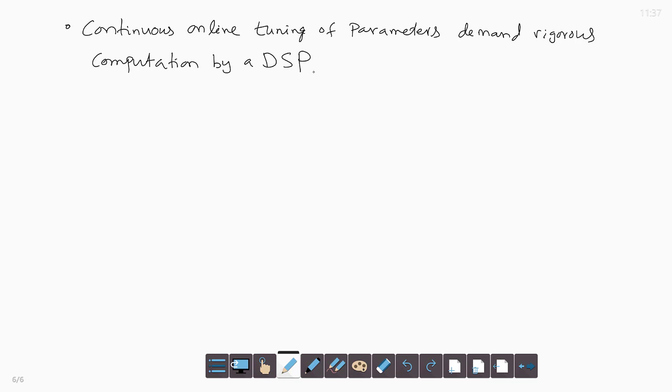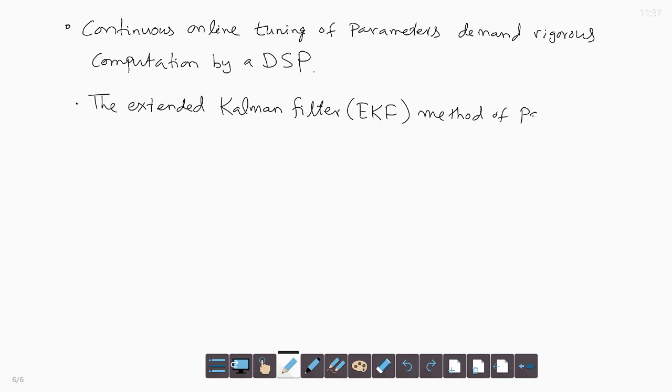So, a DSP can be used for online parameter tuning, and there are some other alternatives like the extended Kalman filter, which is used for parameter and or state estimation.